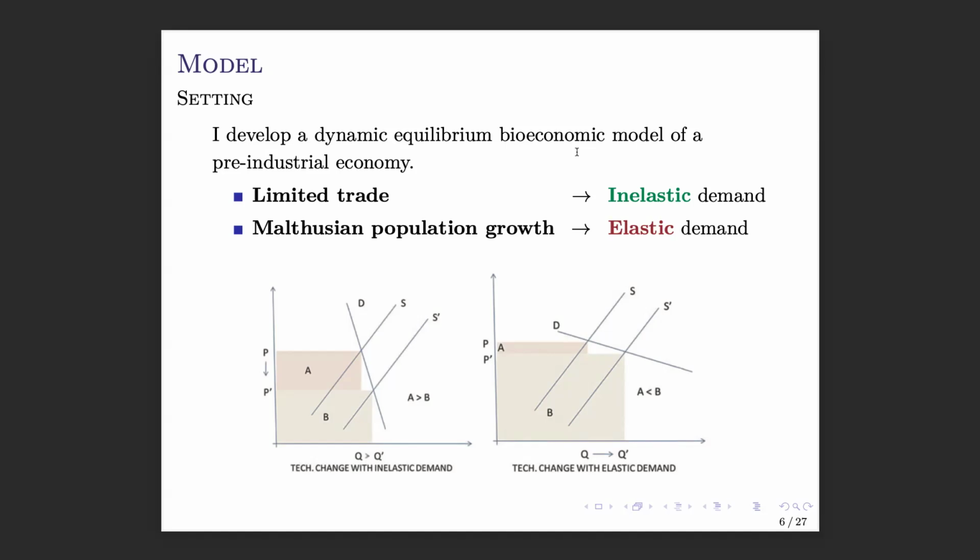And so basically, when you have inelastic demand, there are fewer incentives to clear forest land. In the case of elastic demand, we can see that an increase in supply, let's say an agricultural technology shock that shifts the supply curve to the right, can potentially make agriculture, and clearing forests as a consequence, more profitable and thus incentivize clearing forest land. So this is the source of, at least in modern debates about this question, why there's this ambiguity.